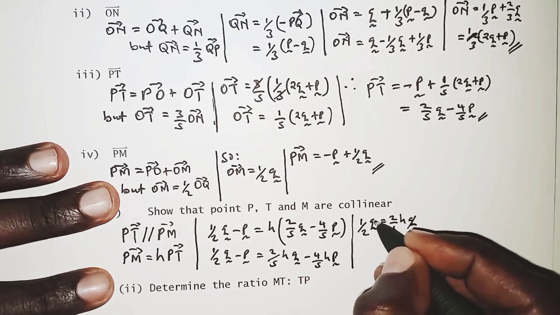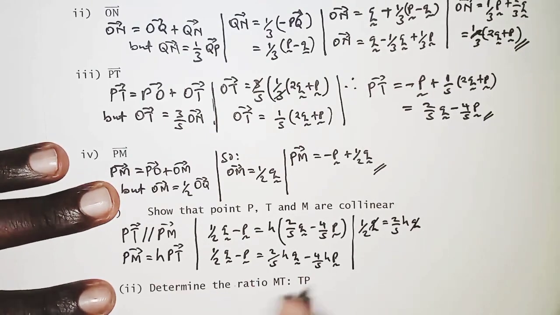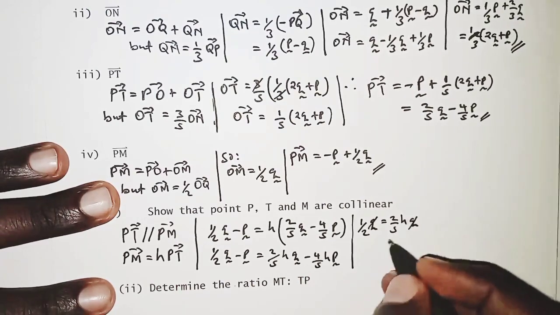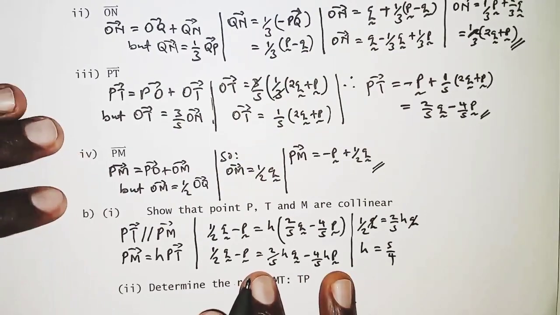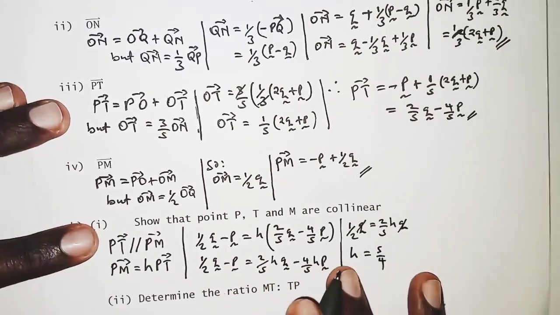So the Q's will cancel as we divide both sides by Q, so that here H becomes 5 over 4.